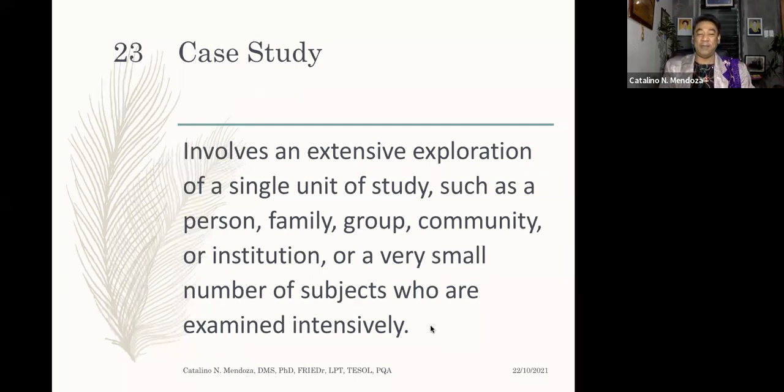So it could be a single person, a single institution, or an industry as a group, or a community, let's say a barangay, or a certain town, or a certain city, or even an institution of a very small group of people sharing the same principle, sharing the same policy, etc.